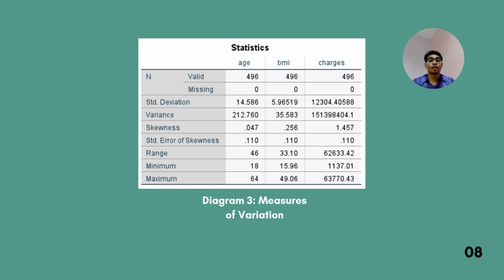So the very large variance and range confirm substantial differences in cost, likely driven by factors such as age, health status, and lifestyle.